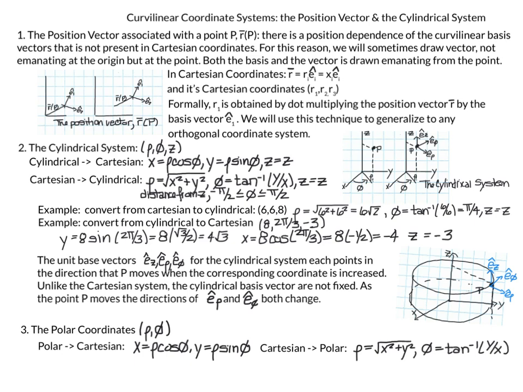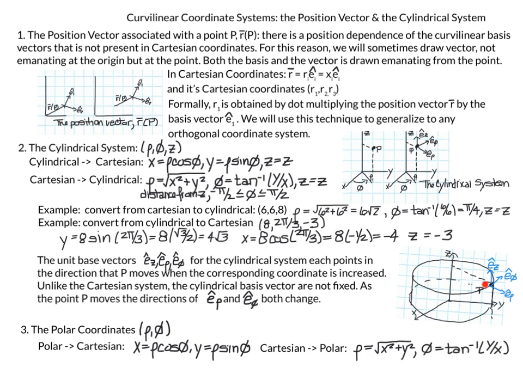And here is where we start talking about curvilinear systems and how they are different from the Cartesian system, and that is the unit basis vectors E z, E rho, and E phi. For the cylindrical coordinate system, each points in the direction that P moves when the corresponding coordinate is increased.